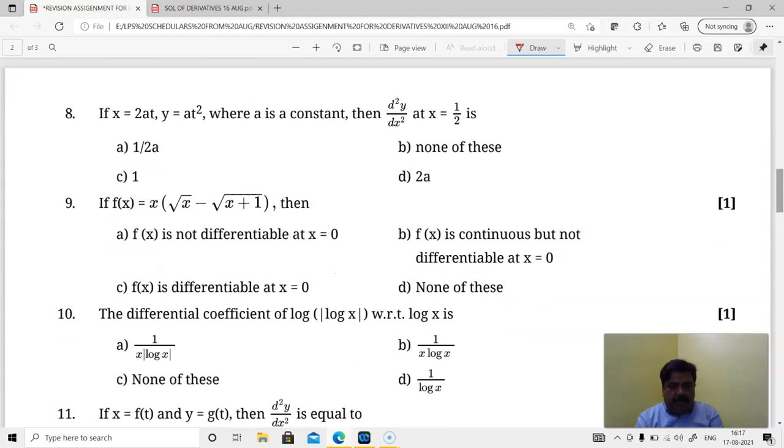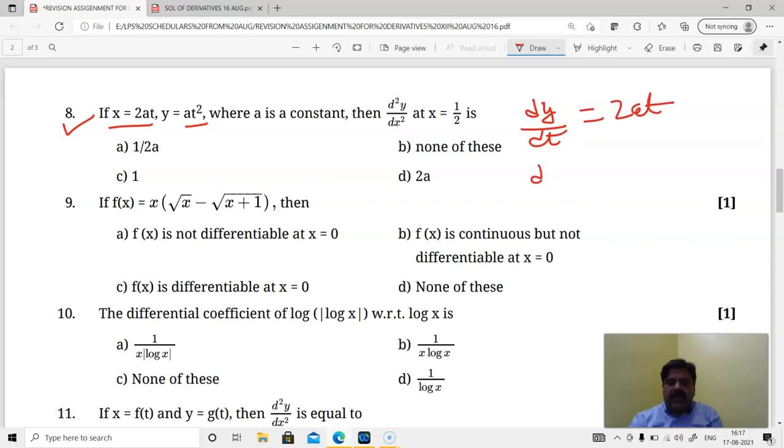Okay, now normally in this kind of question, you have a concept of a parametric form where dy by dt is basically 2at and dx by dt is only 2a, and for dy by dx we need to divide these both, right?